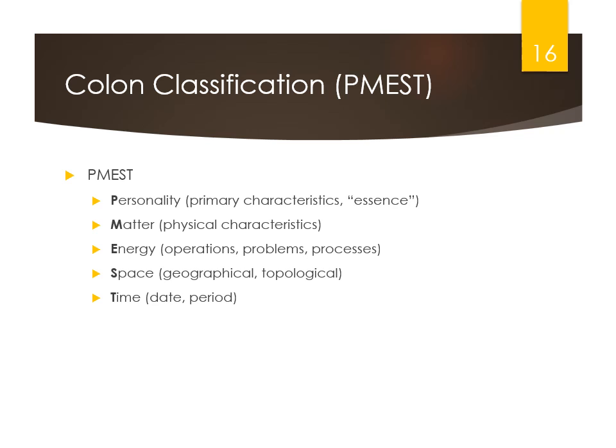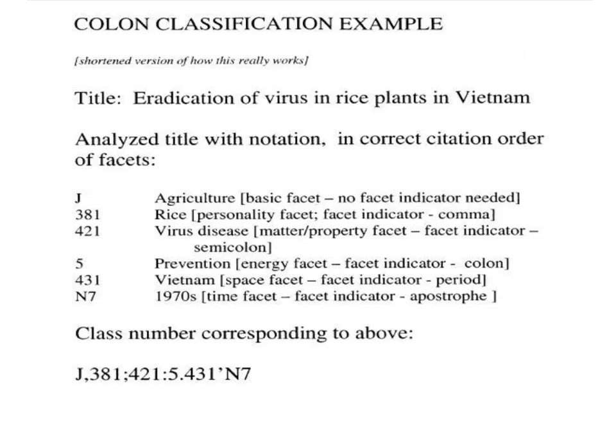Let's take a look at the example that I used, the characteristics of classification file. This is an example of colon classification, which we already looked at when we discussed characteristics of classification. So if we classify this title, eradication of virus in rice plants in Vietnam, then you have to analyze the title with the notation in the colon classification classes.